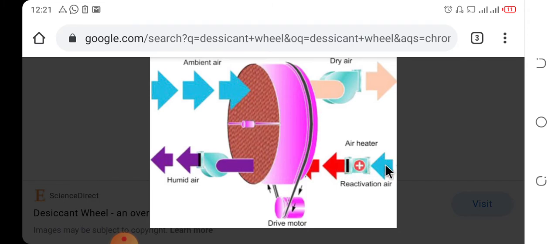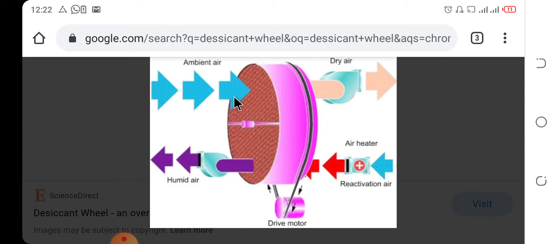The hot heated air, when it passes through this already 100% consumed portion, evaporates water molecules from the desiccant wheel, and it goes to the atmospheric air outside of the room. So it regenerates again, and when this portion is regenerated, the drive motor rotates this wheel towards this point.